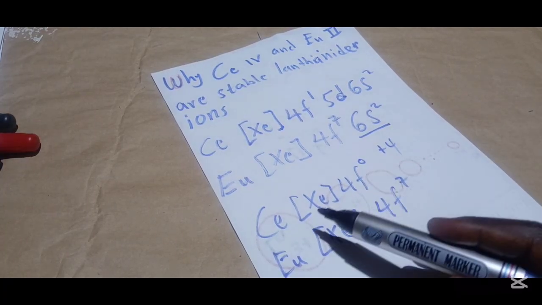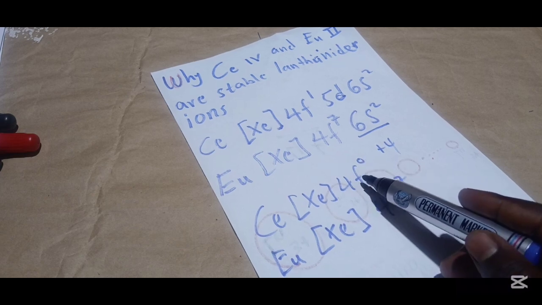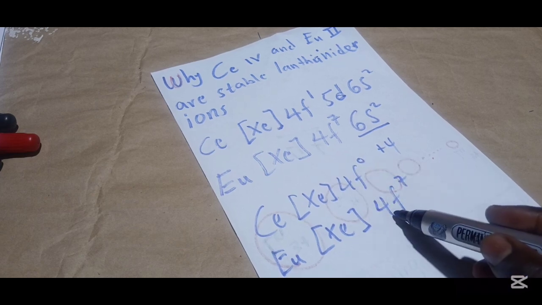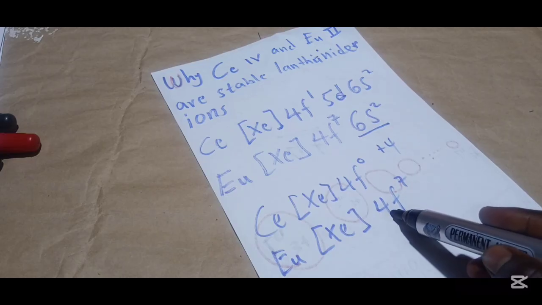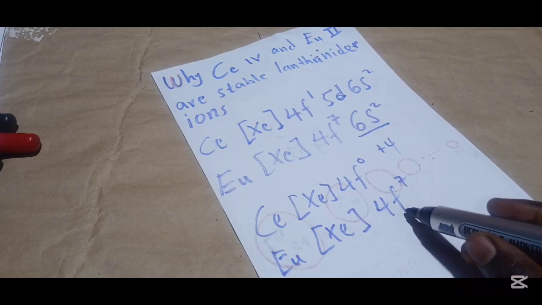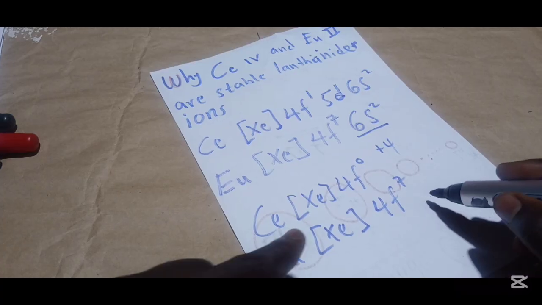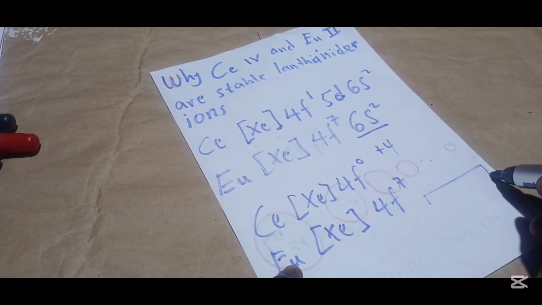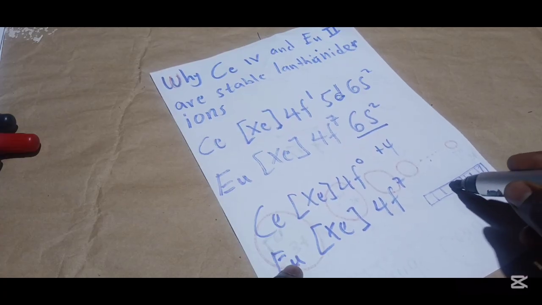So what can you say about this? You will see that for cerium, we have 0 electrons in the 4f orbital. And for europium, we have 7 electrons in the 4f orbital. And we know that the f orbital has a total of 7 suborbitals, which means that each of the 7 suborbitals is filled singly with electrons.